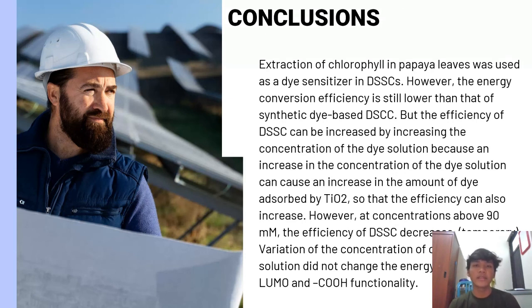This increases the amount of inactive dye molecules on the titanium dioxide surface and prevents the electron injection process in the DSSC. Meanwhile, variations in the concentration of chlorophyll solution didn't change the energy levels of HOMO, LUMO, and COOH functionality.